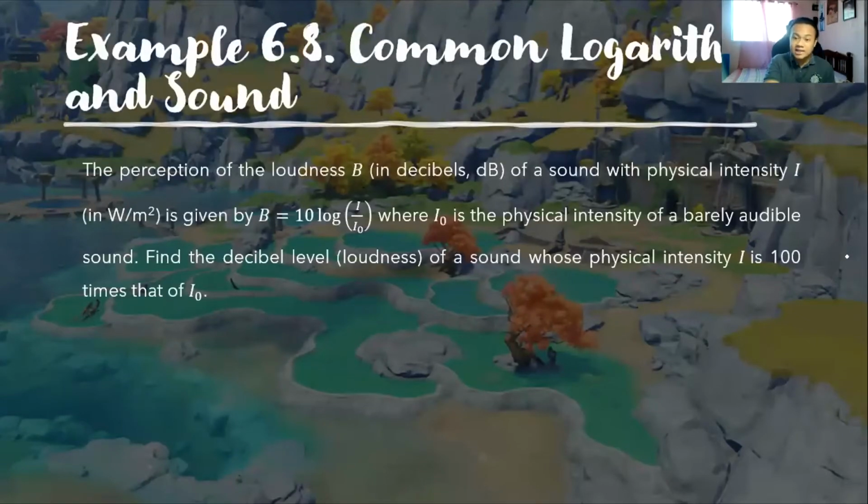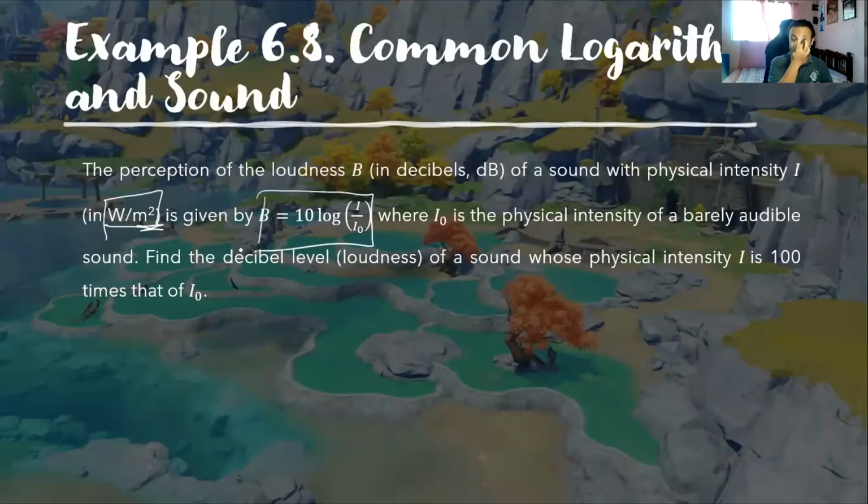Next, we have an example of a common logarithm in sound. The perception of loudness in decibels is how loud you can hear a sound. The physical intensity I is in watts per square meter, that's power, given by B equals 10 log of I over I0. That is the equation. I0 is the physical intensity of a barely audible sound.